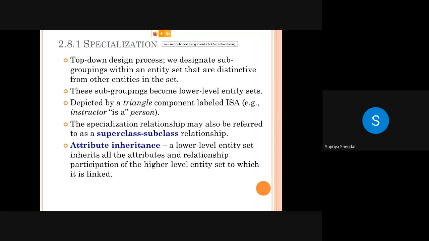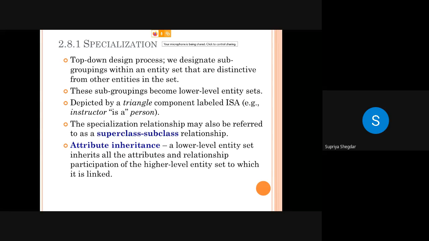One high level entity set is there, and we divide it to create some low level entity sets. The specialization relationship is represented by a triangle component labeled ISA.